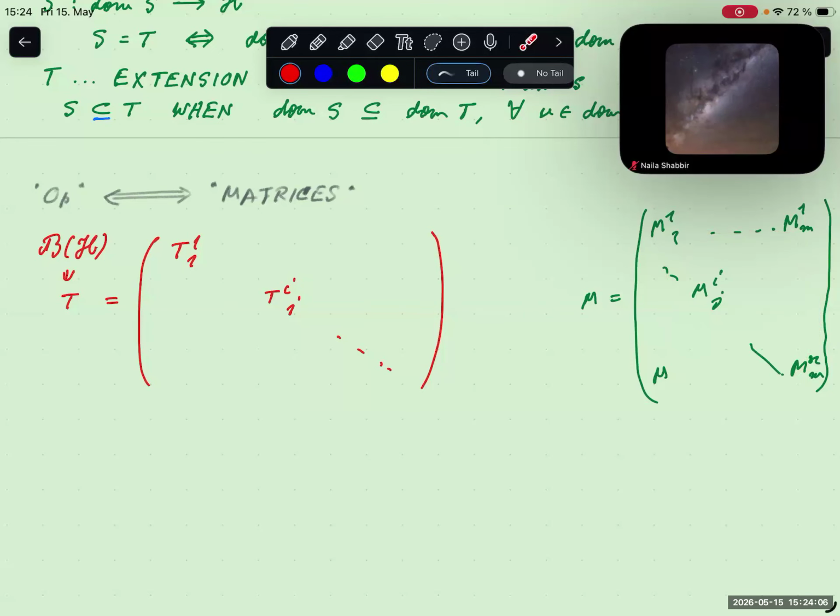And now if we want to view a bounded operator as a matrix, then this is not true because we do not know all the elements of this matrix representation of the operator, unless it is a very specific case. So for intuitive reasons, there is no problem, but in practice, this is not true.